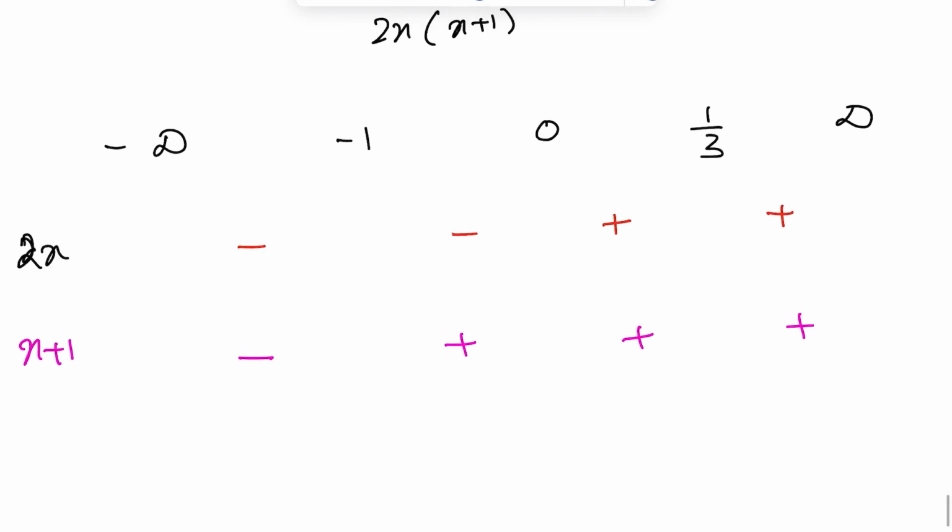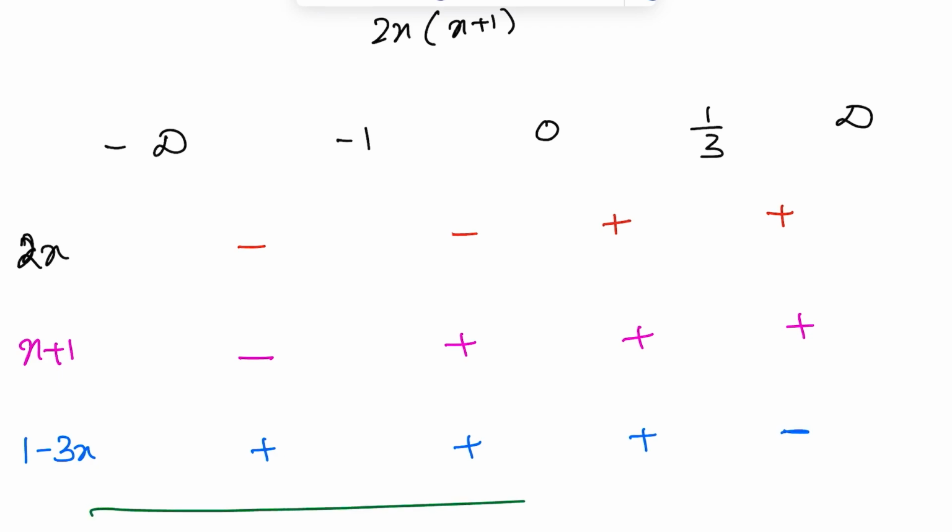Then 1 minus 3x: for any negative number, it's going to be positive. This is positive, and this is still positive, and over here it will be negative.